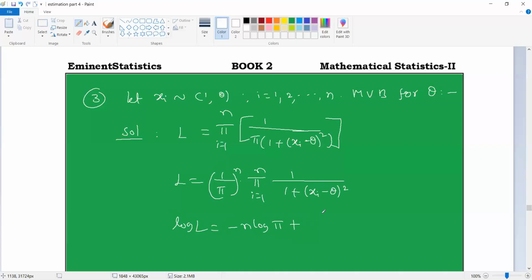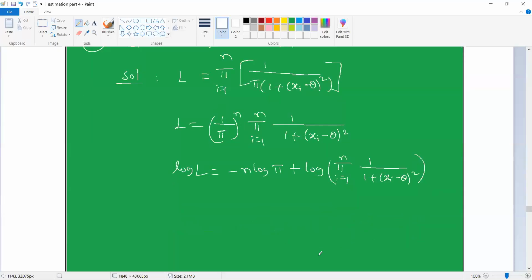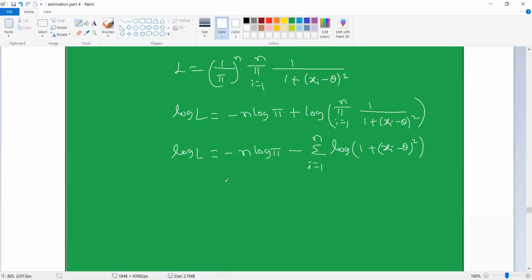Log A into B is equal to log A plus log B, and using the log A by B formula, log L is equal to minus n log pi minus summation i is equal to 1 to n log of 1 plus xi minus theta whole square. This is equation 1.